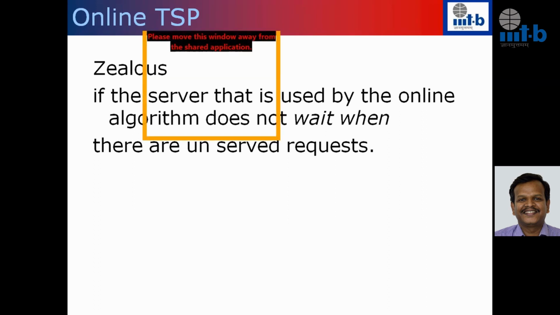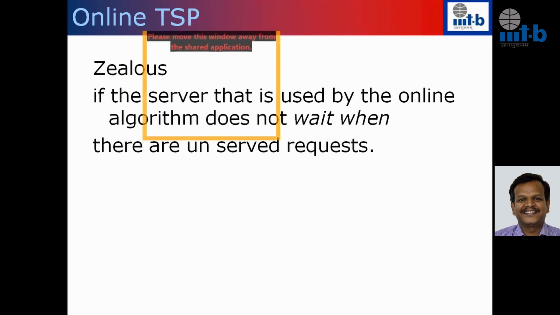So in the case of the circle, what really happens is that the requests will only come on the circumference of the circle. So your server, or the salesman or the server, I'll be using these two alternately, has to move either clockwise or anti-clockwise, right?